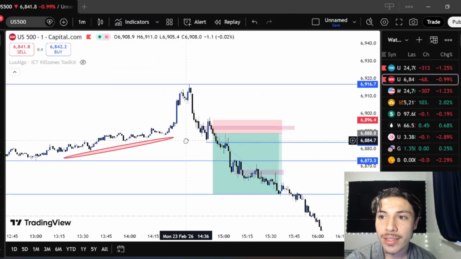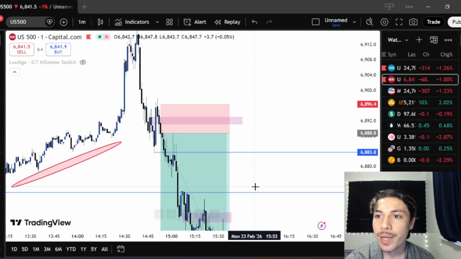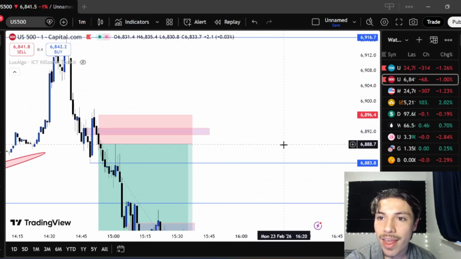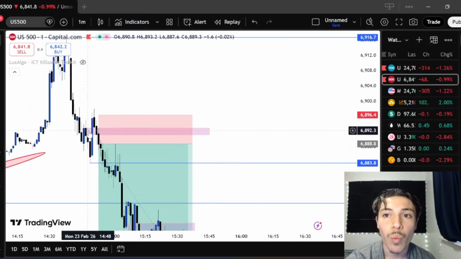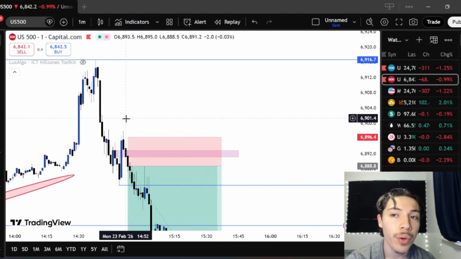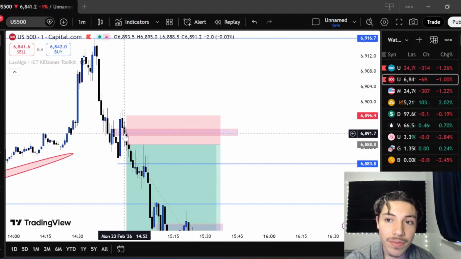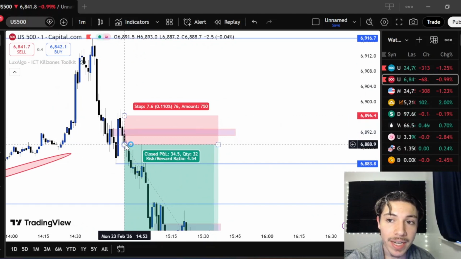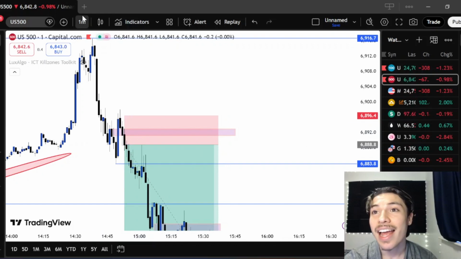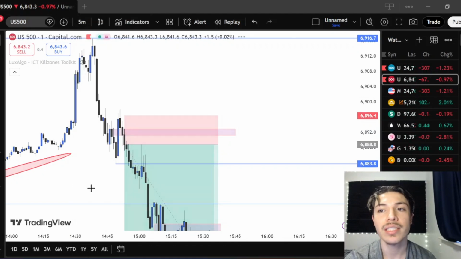Now looking at the market on the S&P 500, what can we see? We can see that we have that same bullish 1-minute fair value gap. Did we retrace into equilibrium? No. However, what did we do? We inversed this 1-minute bearish fair value gap. But guess what? The NASDAQ had already retraced into equilibrium for the S&P 500.